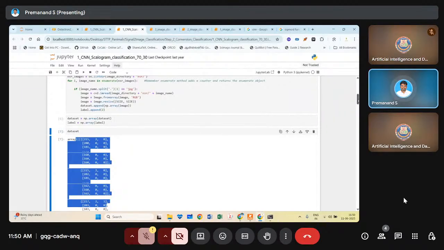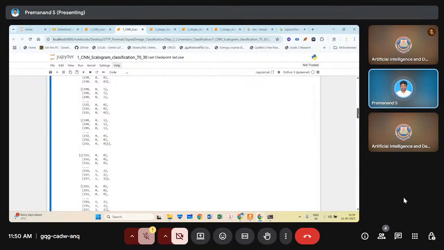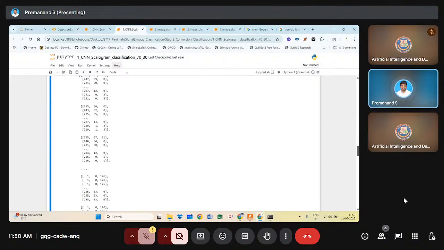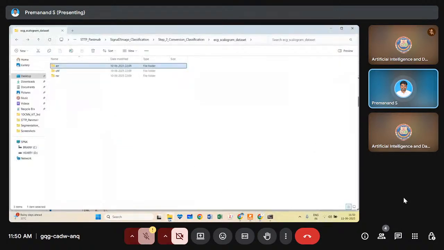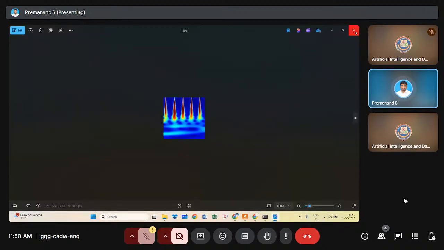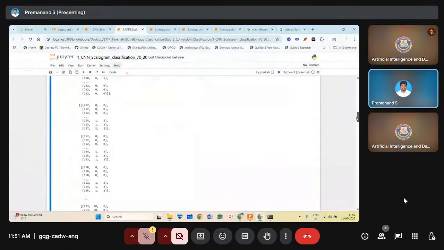Instead it sees multiple arrays, this kind of information for a single image. I have shown one single image, right? This particular ARR image will be seen as this array.